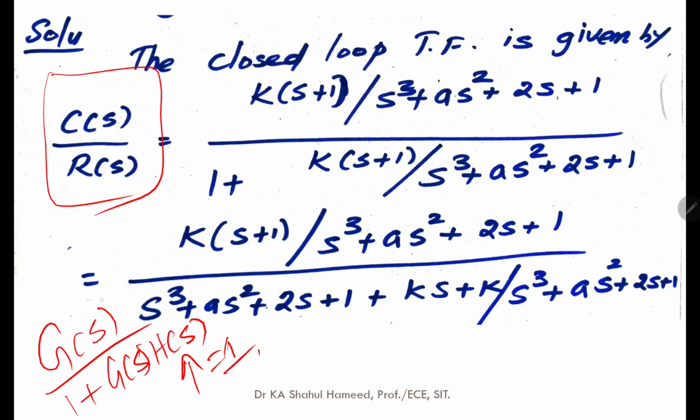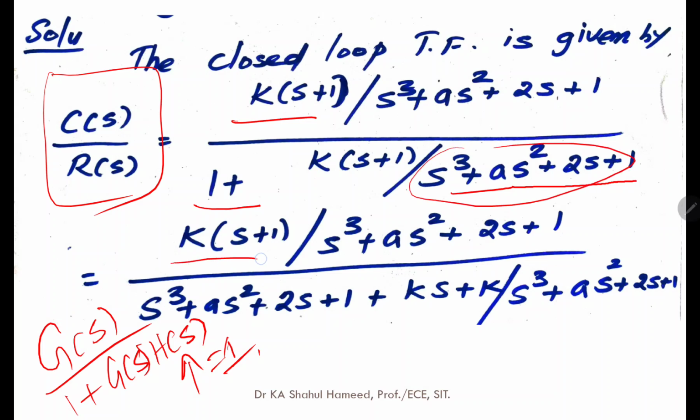So, I am just substituting the value of G(s) in this equation. I get K(s + 1) / (s^3 + a s^2 + 2s + 1) divided by 1 + K(s + 1) / (s^3 + a s^2 + 2s + 1). Now, we have to cross multiply this denominator.